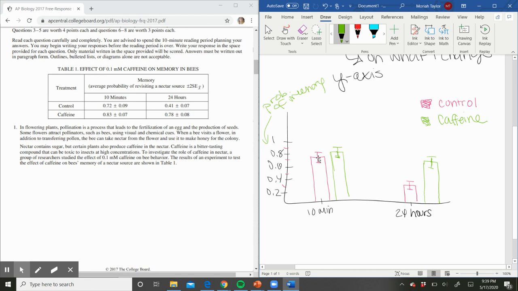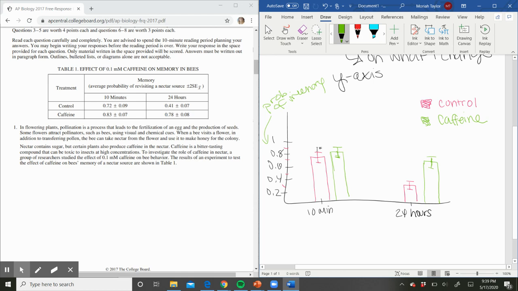So that's the mean, and then we know that the real average is going to be in between here. That's why we have error bars. It's just showing that statistically, the mean is probably closer to somewhere in between here. It's not exactly this mean, if that makes sense. So it's with 95% confidence that your mean actually falls somewhere between these error bars.